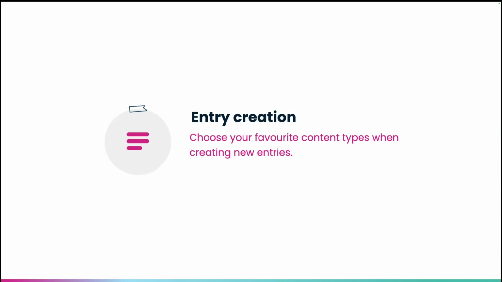So when you're creating entries, and maybe you've got access to 20 different content types, blog posts, news, courses, whatever they might be, you can favorite your commonly used content types, making it really easy and quick to just select the content type that you need to use.